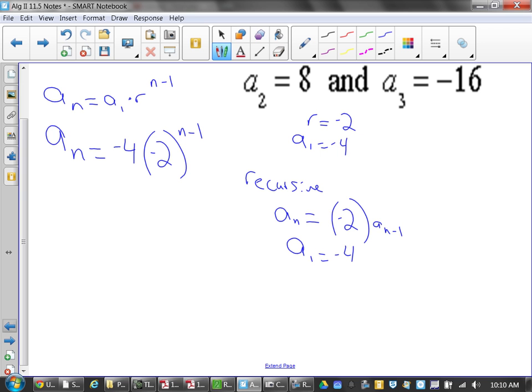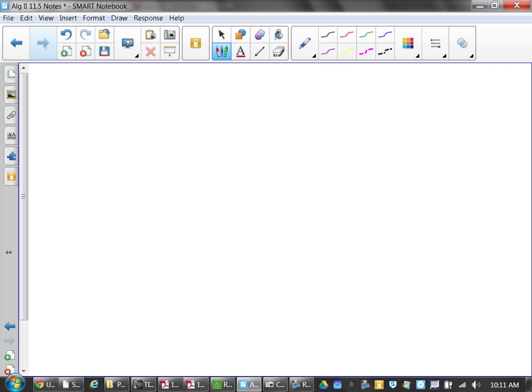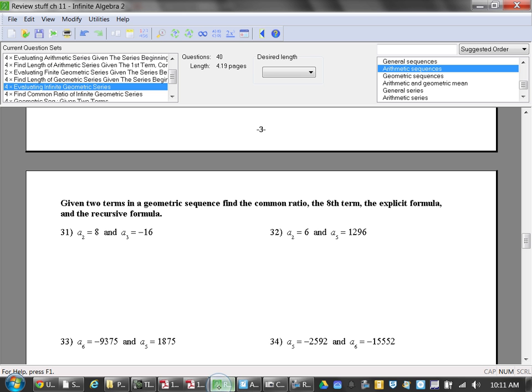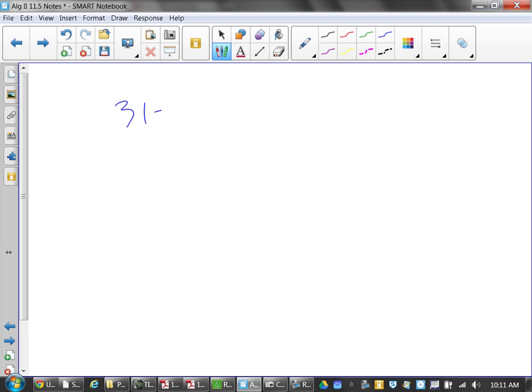Now, what I've done here is I've created a whole big packet. What I'd like you to do on this little packet is start with 31. I'd like you to go 31 to 40. This is 10 of them. If you read them through, there are instructions.